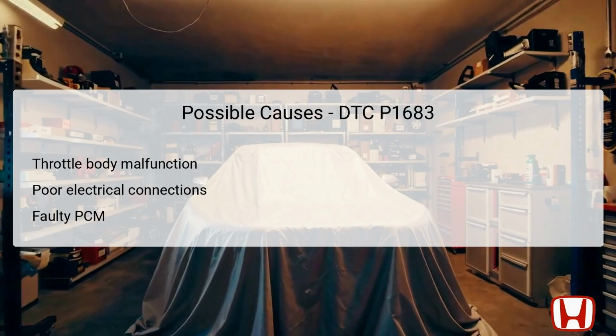Moreover, poor electrical connections or loose terminals, particularly at the throttle body or the PCM, powertrain control module, could lead to intermittent signals, causing this DTC to appear. Lastly, a faulty PCM may incorrectly process the signals from the throttle body, leading to performance issues. Each of these causes needs thorough investigation to ensure accurate diagnosis and repair.